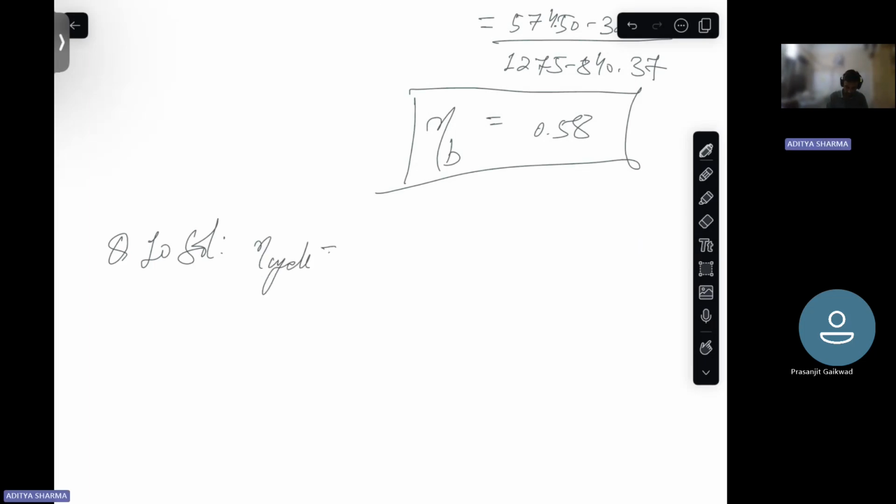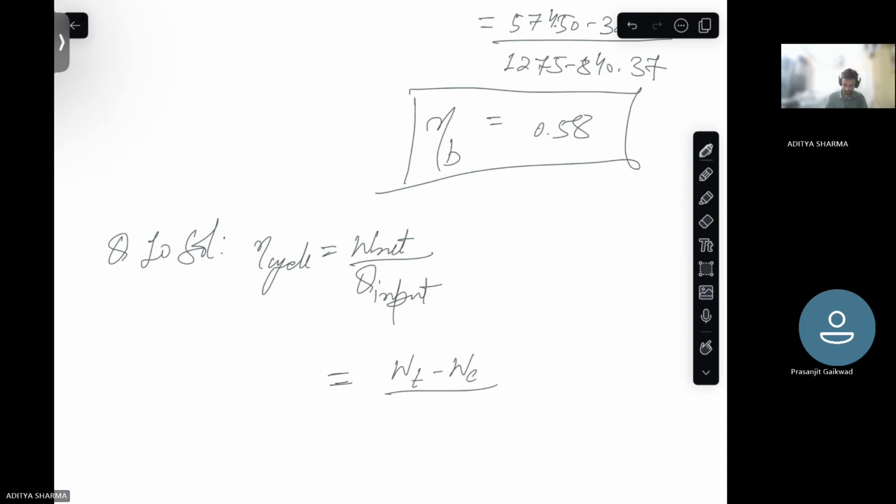And cycle efficiency is W net by Q input. So this is WT minus WC by Q input.